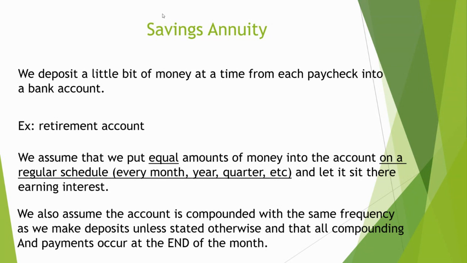If you're working, you want to save up for retirement. So a certain percentage or a certain amount from your paycheck, say, $100, would go automatically into that account. And it would sit there, and the money there would earn interest. The account could be compounded monthly, let's say, or even yearly.